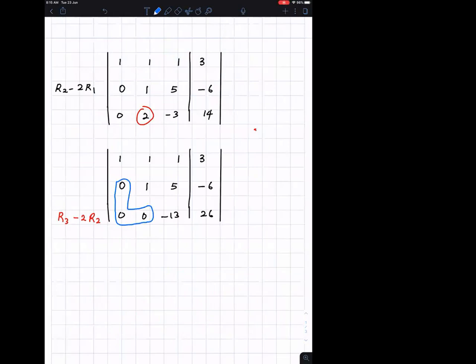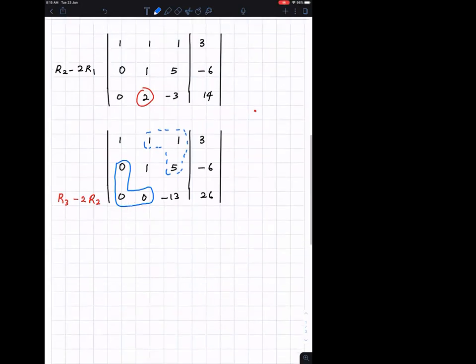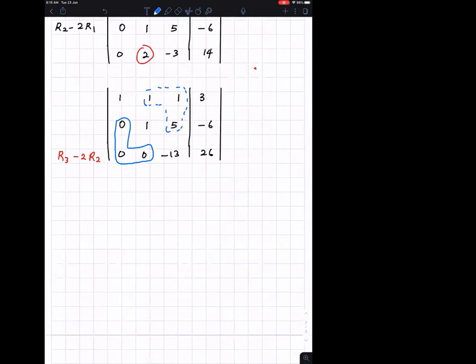So next we look at this. Now we are going to try to make this go to 0. Why don't you guys spend a few minutes thinking about it?